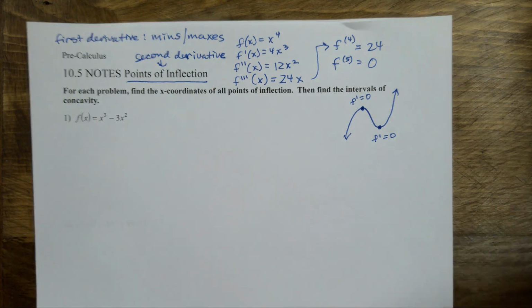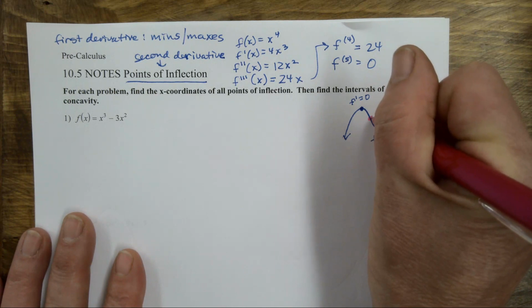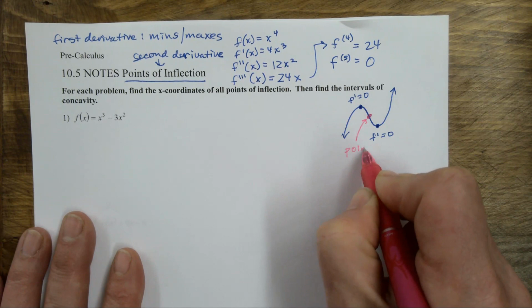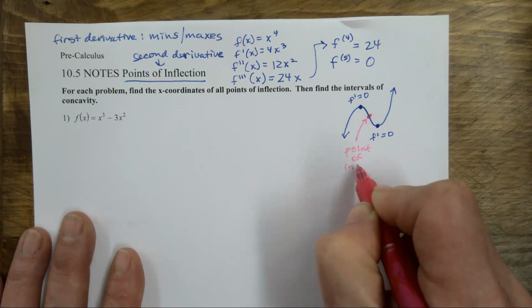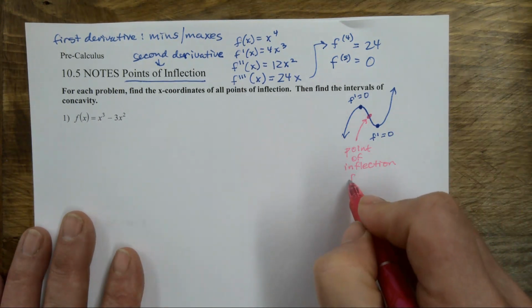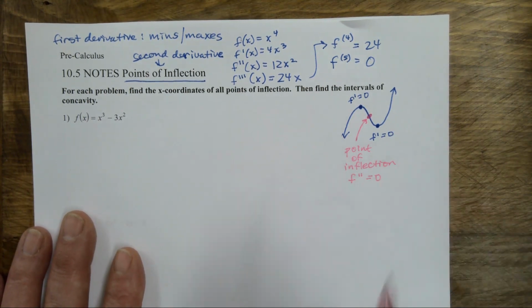But in between, where this curve changes from opening down to opening back up, that's the point of inflection. I'm going to do that on mine in a different color. This point is a point of inflection, and that happens when the second derivative equals 0.